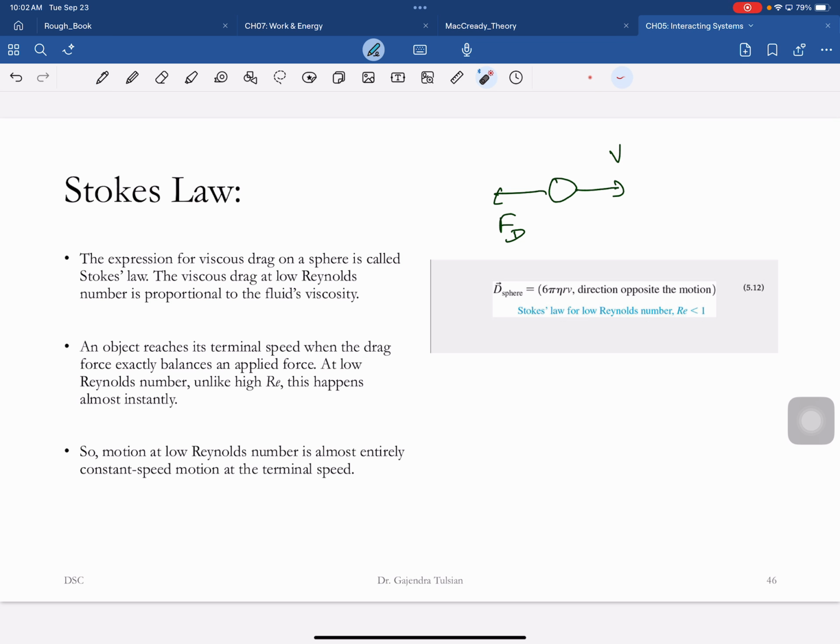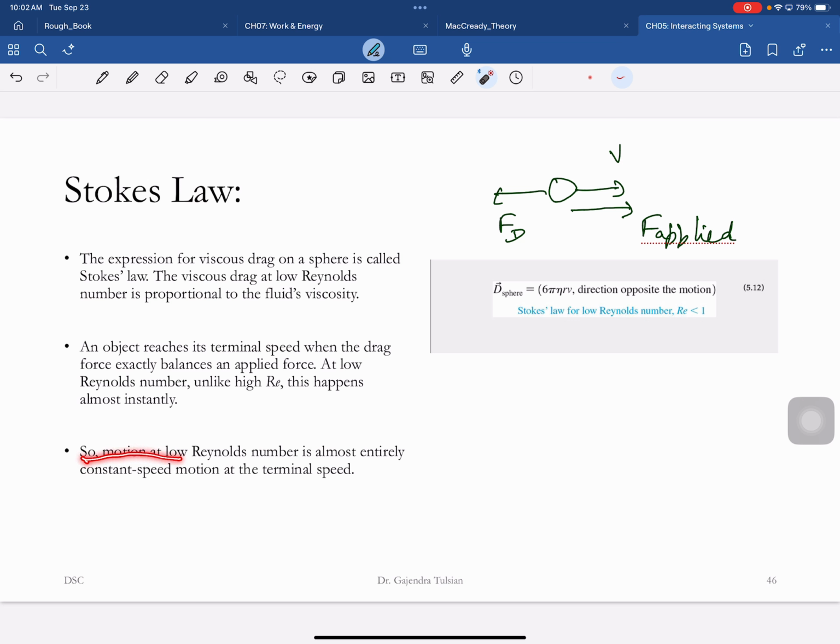Okay. So an object reaches its terminal speed when the drag force exactly balances the applied force. When an organism wants to move forward, there's the applied force, and when the drag force equals the applied force, it'll reach terminal velocity.